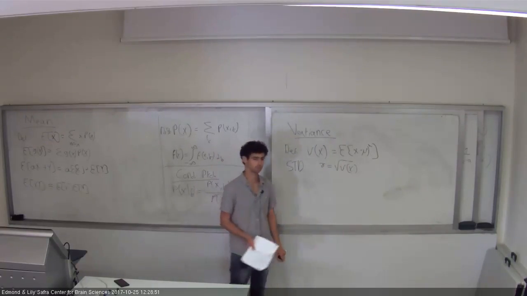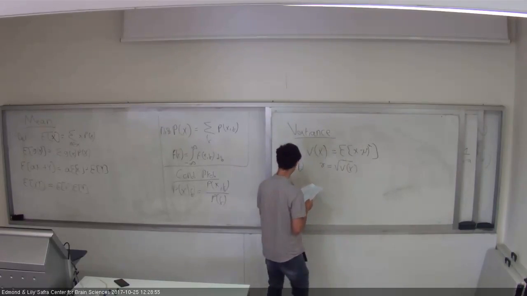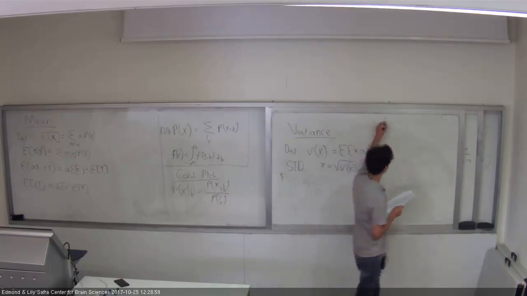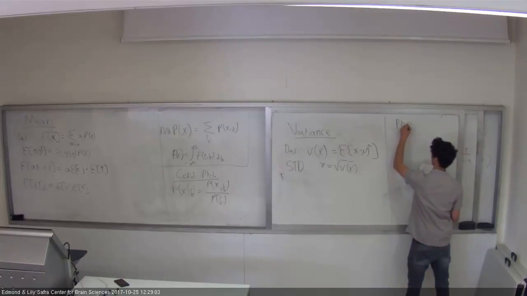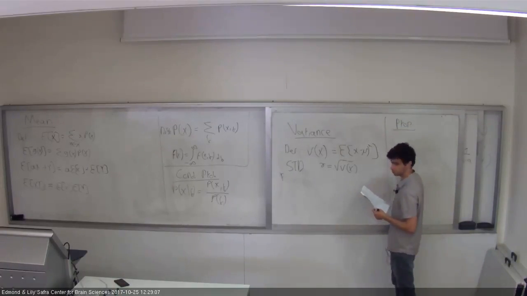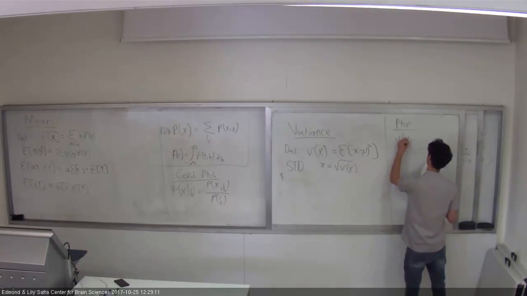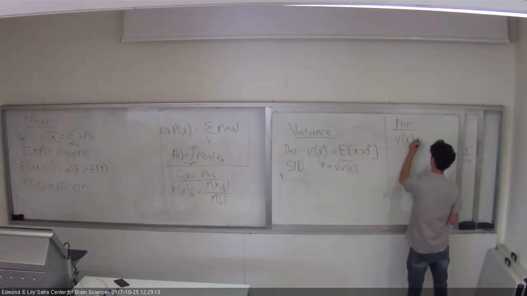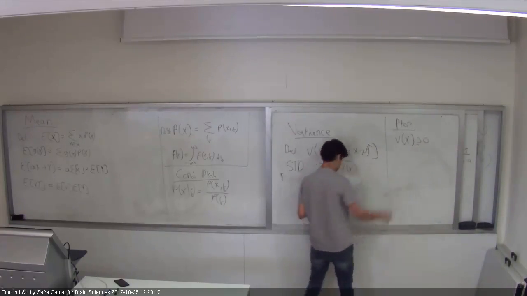Now some properties of the variance. So first of all, the variance is non-negative. That means the variance of x is bigger or equal to 0.